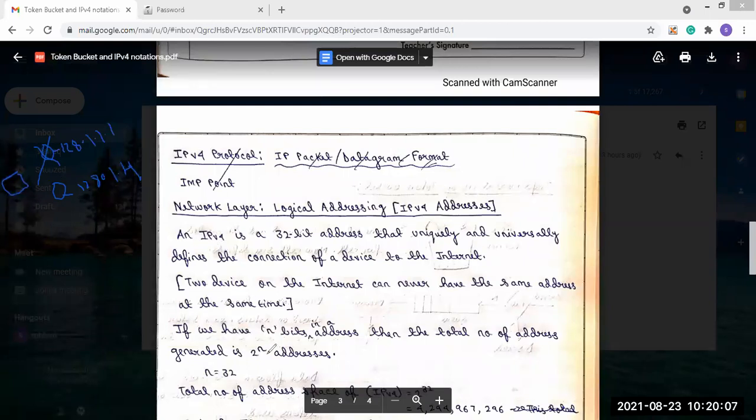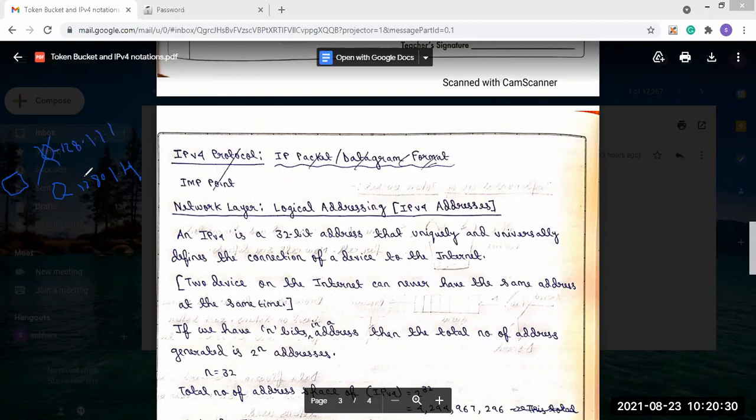Because where should the packet be transmitted? It is not possible that the packet will be transmitted to both of them, because both have the same IP address. It is not possible.